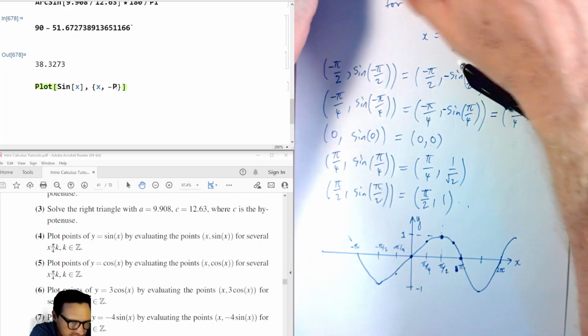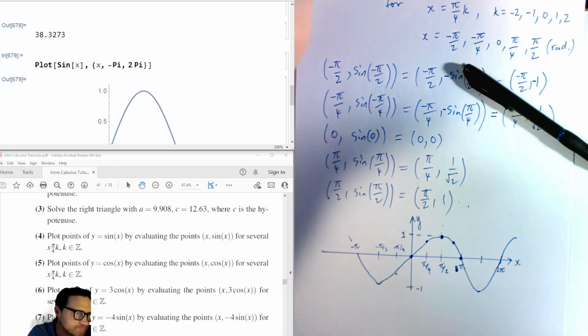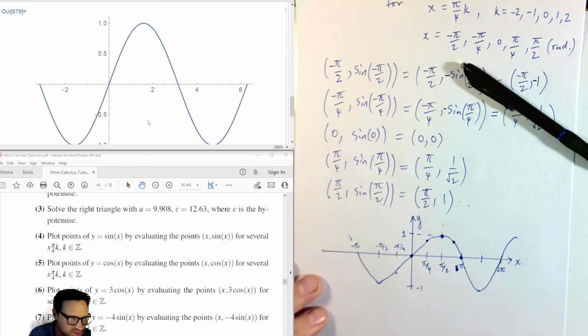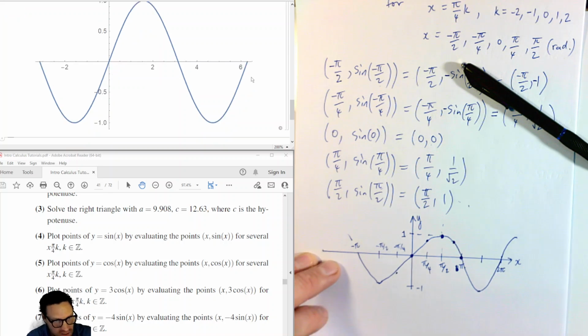So I'll go from minus pi to 2 pi. Okay, so you can see what we have here. So that's more or less what I've drawn. I've taken this a little bit more to the right there in my drawing. Okay, so here's the sine function.